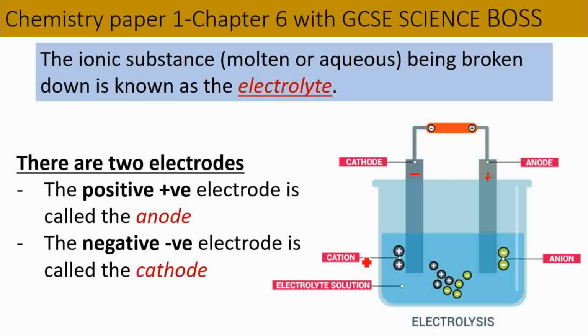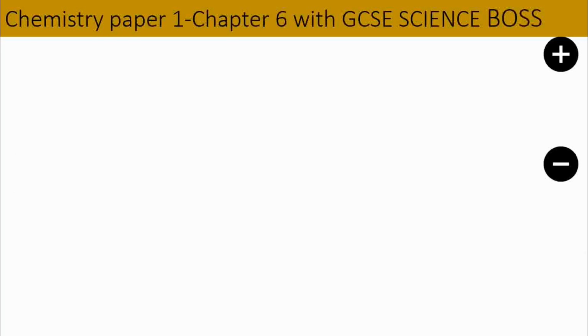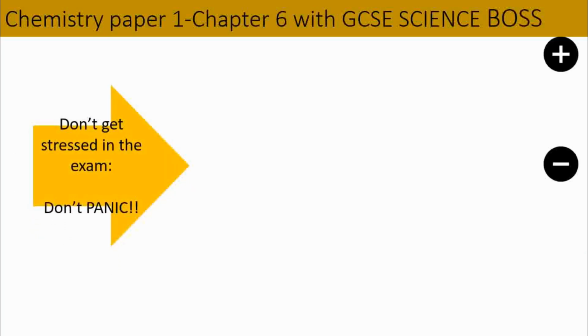Your cations, which are your positive ions, you can use the word cats to remember that cats have paws. Your positive ions, your cations, are attracted to the negative electrode, and your negative ions, your anions, are attracted to your anode. So in order to remember this, when you go into the exam, don't panic.